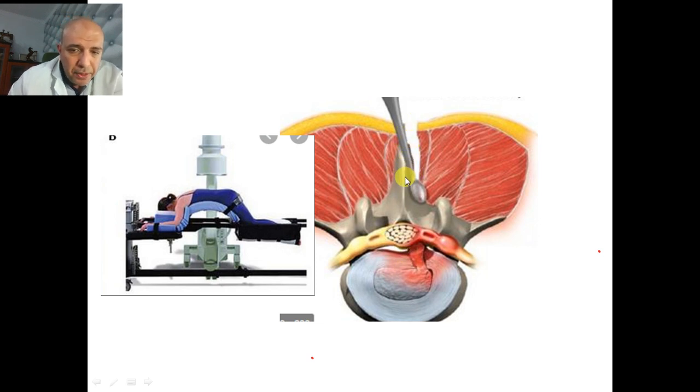You do a subperiosteal dissection of the multifidus muscle and retract it till the facet. This is the facet. This is the superior articular process of the caudal vertebra, and coming from inside is the inferior articular process of the cranial side. Anyway, you try not to affect the facet joint or its capsule. Don't injure the facet capsule, and don't do a lot of decompression in the facet.